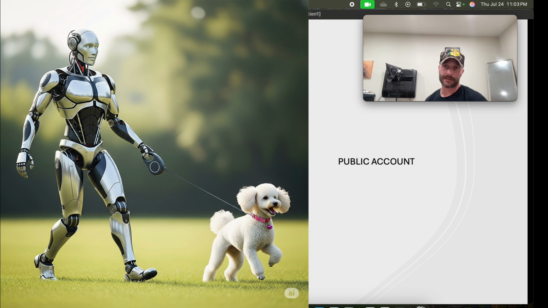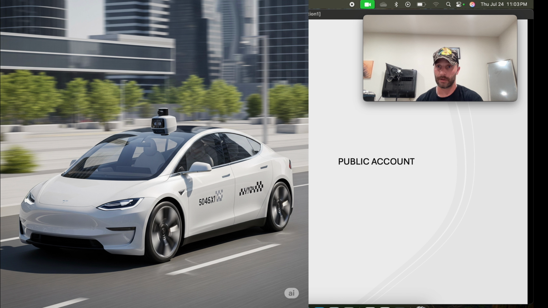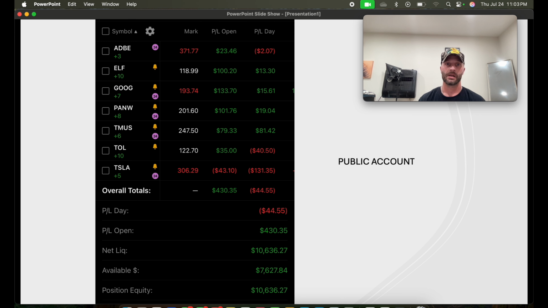And then the robo taxis, that's already happening in Austin and a couple other cities, and this time next year it'll probably be in over 50% of the United States, and then a couple years from now there'll probably be Tesla robo taxis in every state. And then what you'll be able to do is order a Tesla straight from the factory. It will drive from the factory to your house and deliver itself.